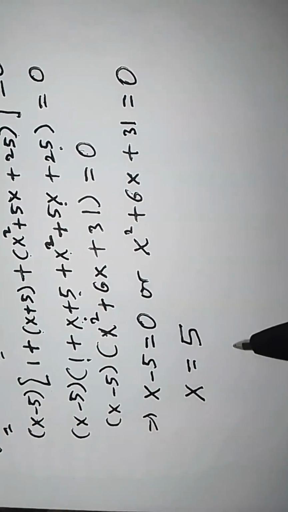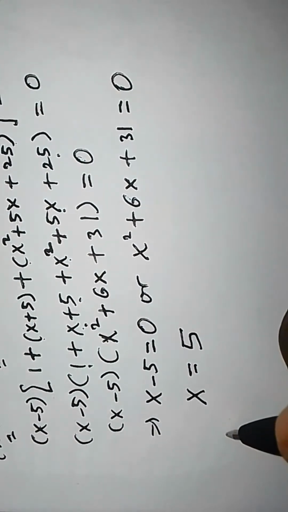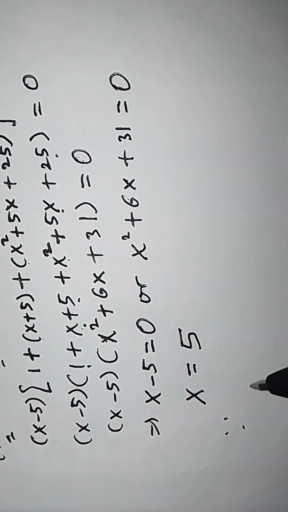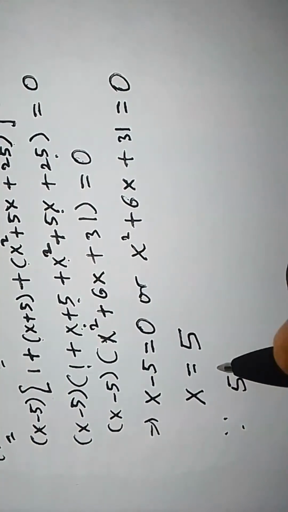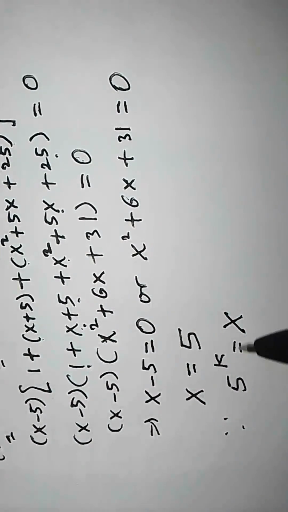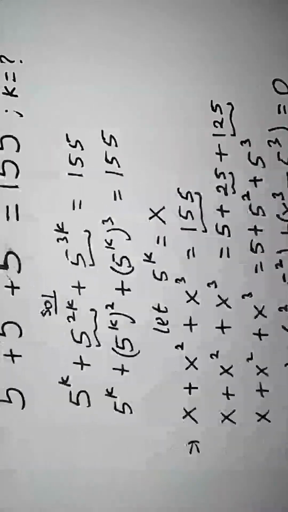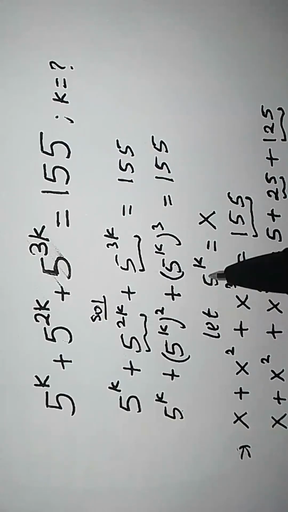But our main goal is to find what? Is to find k. So since we know that 5 to the power of k is equal to x, let me show you where we got this from. It's from this assumption that we first made. Let's continue.